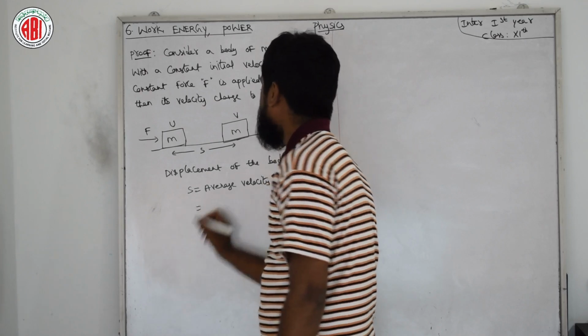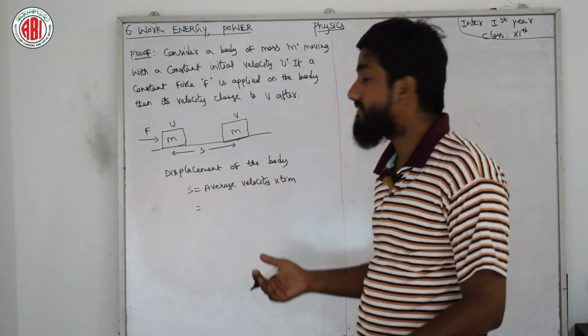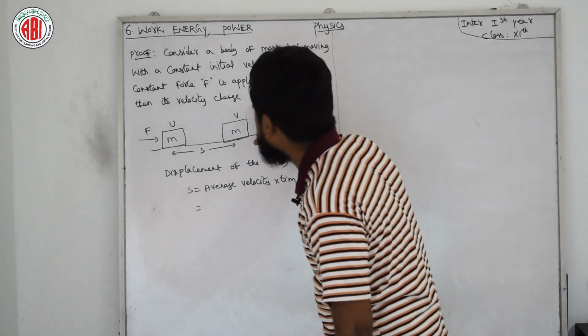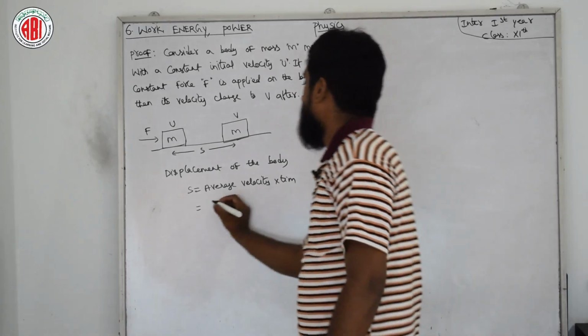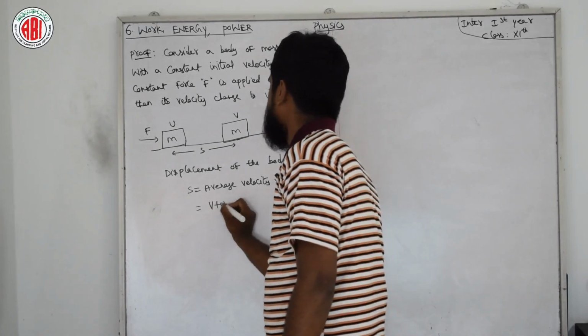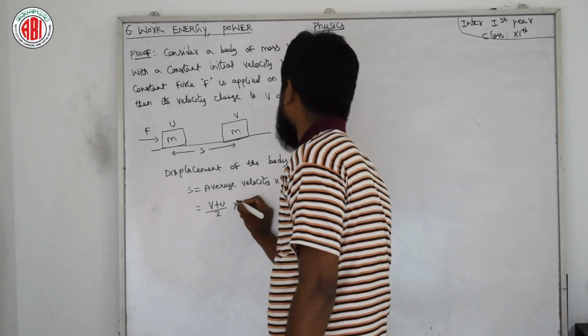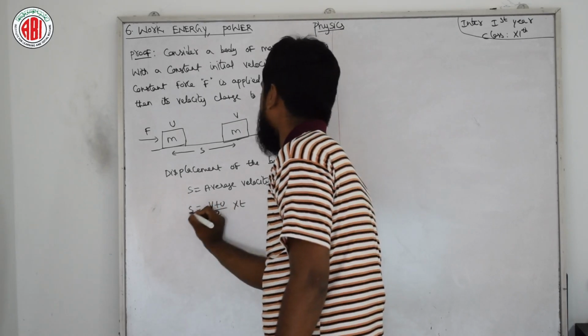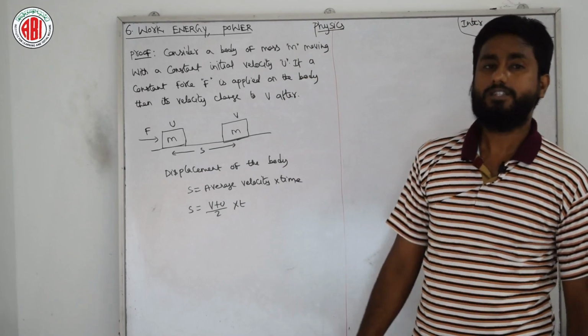Here average velocity we cannot write as just v or u. Average velocity is final velocity plus initial velocity divided by 2, into time t. So I get S is equal to (v plus u) by 2 into t.